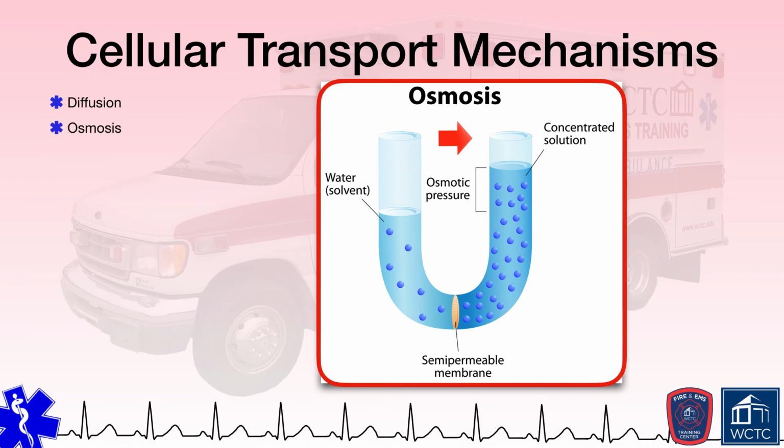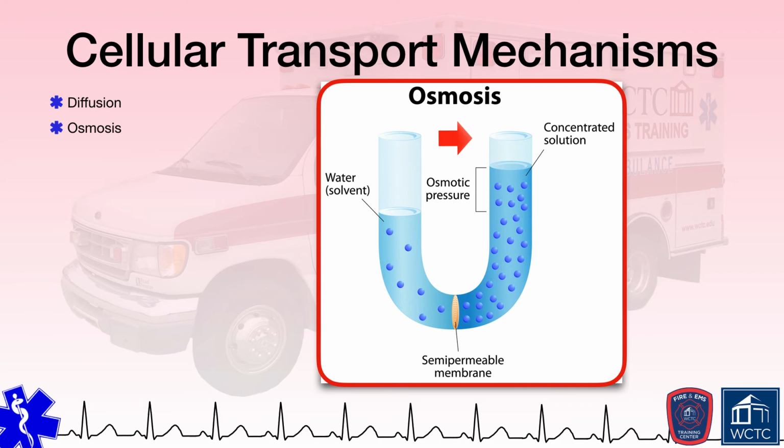To help further, let's say that the concentrated solution on the right side of the U in the illustration is salt water, and the left side of the U contains plain, non-salt water. Because the salt cannot move across the semi-permeable membrane, but the water can, the water will move through the membrane to try and equalize the salt concentration on both sides of the membrane. This is where the hypertonic and hypotonic definitions come into play that we discussed earlier.